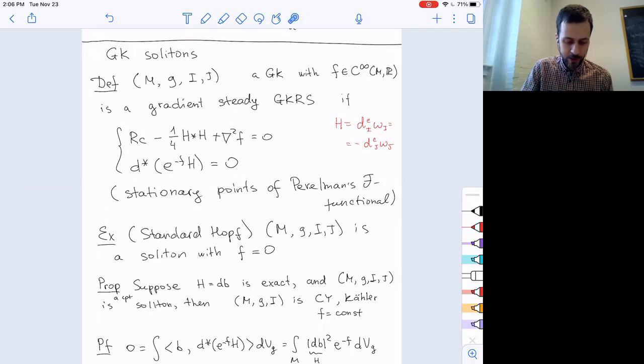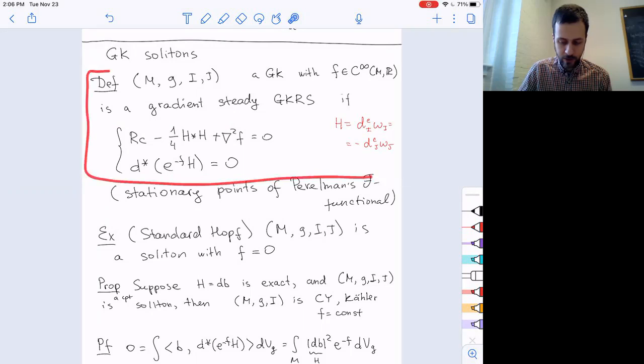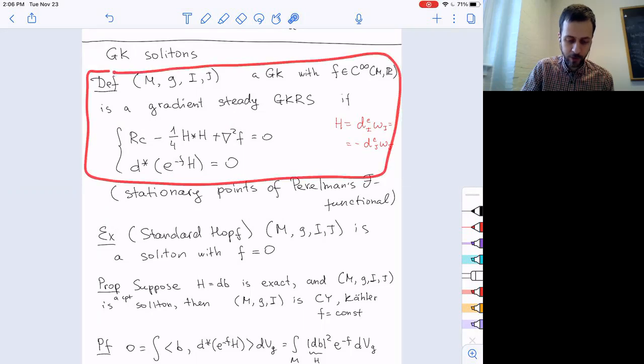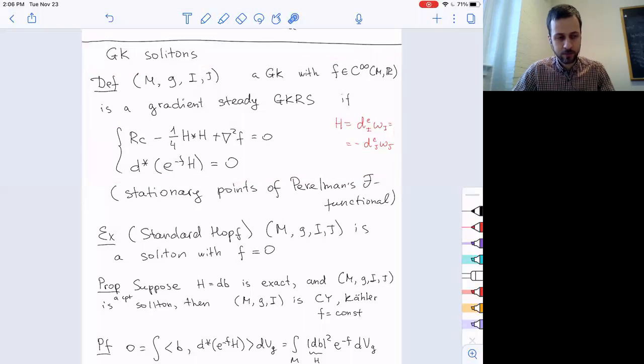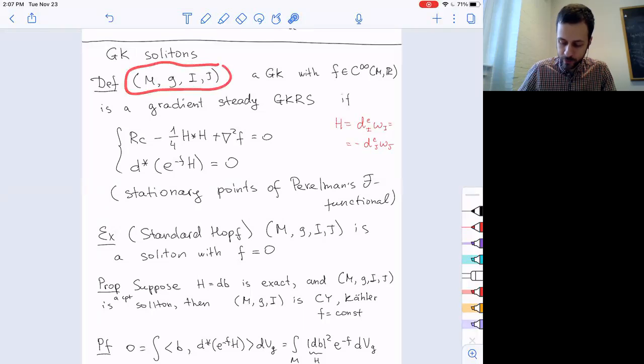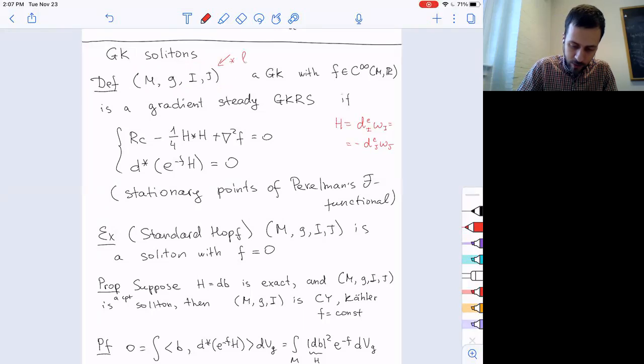Large part of the last talk was to show that this system has a different, more direct geometric interpretation under certain assumptions on the manifold. So we assume that the structure is log non-degenerate.